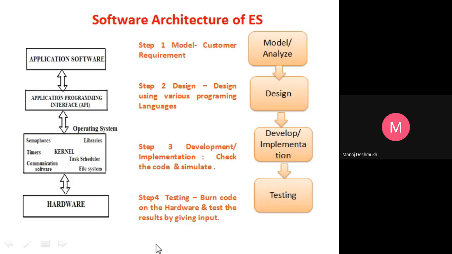So this process is cyclically repeated multiple times until the testing results come up to the mark. If your testing results are good or precise within tolerance, then your product is developed and ready for production.